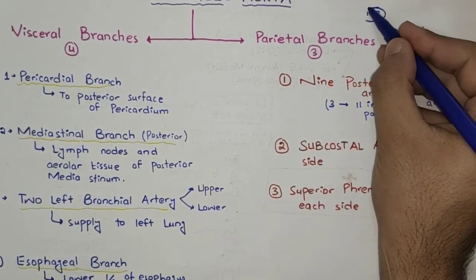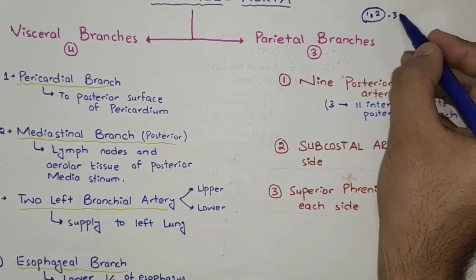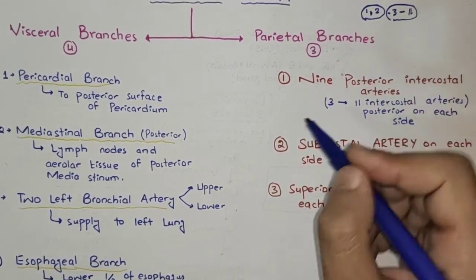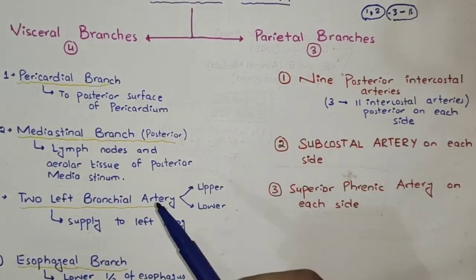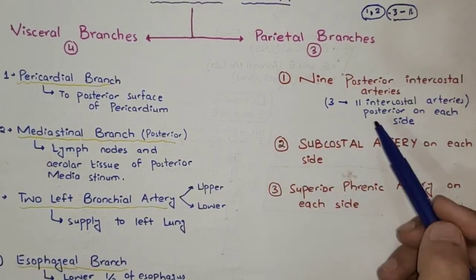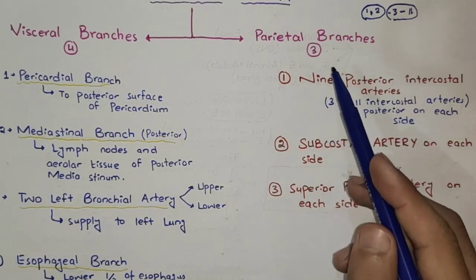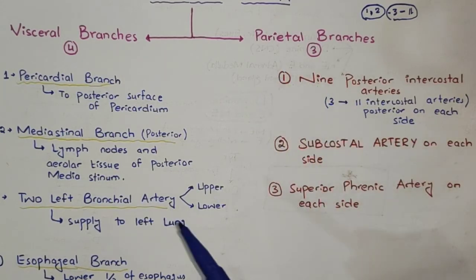If we don't consider the first and second, then from 3 to 11 there are 9 intercostal arteries. The 9 posterior intercostal arteries will supply on each side. These 9 posterior intercostal arteries come out from the thoracic aorta as parietal branches.